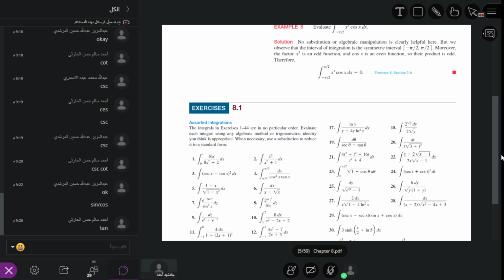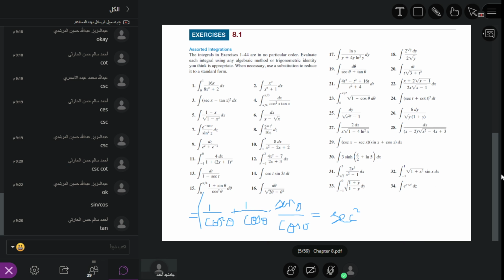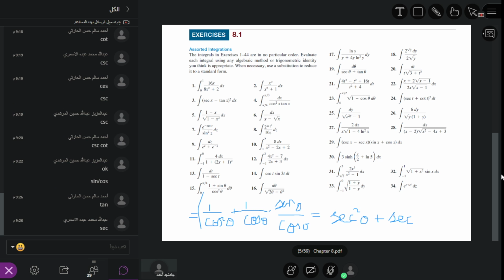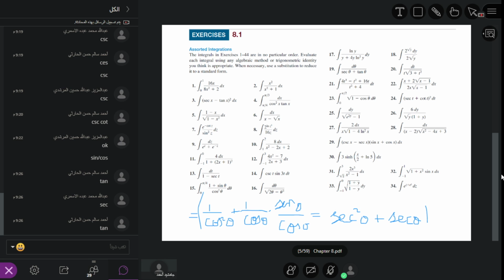It is equal to sec square theta. Plus 1 over cos theta, just sec theta. What is sine theta over cosine theta? As Ahmad Salim is asking, it is tan theta.